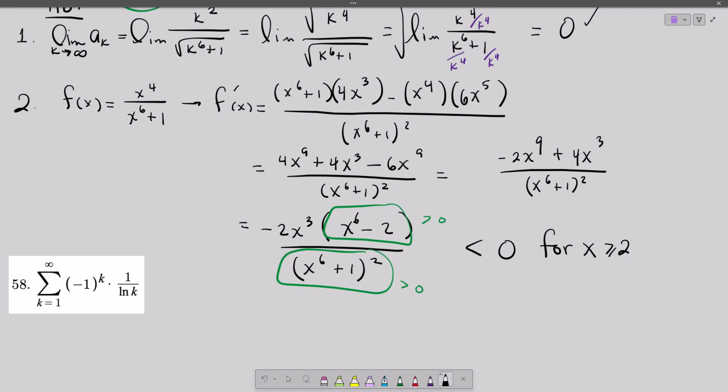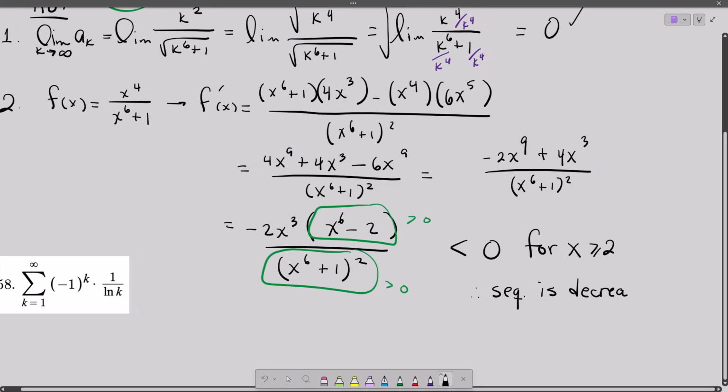If you plug in a 1, not true, but if you plug in a 2, yes, it's true. Therefore, the sequence is decreasing, because the derivative is negative.